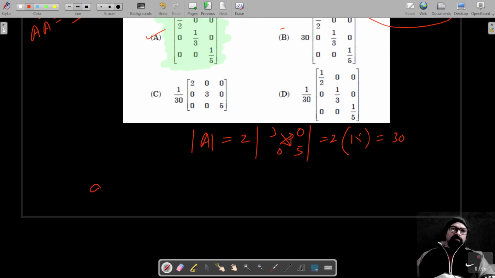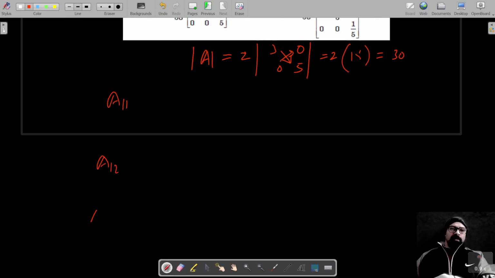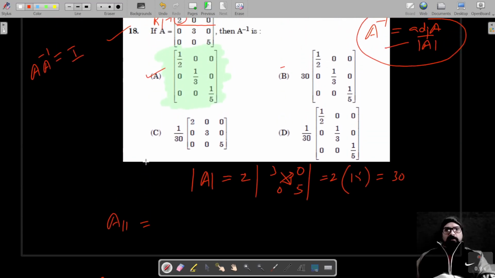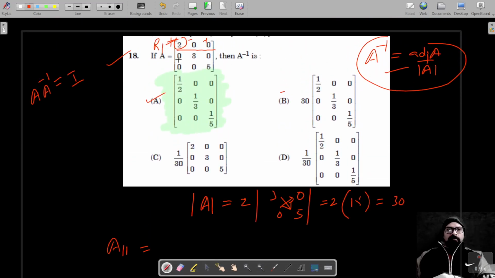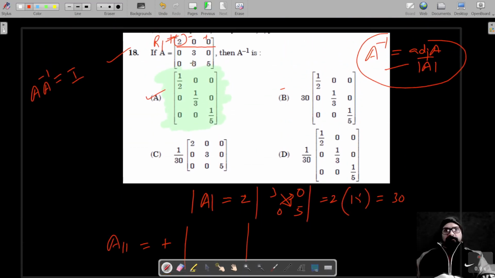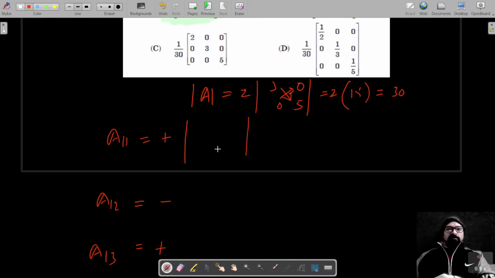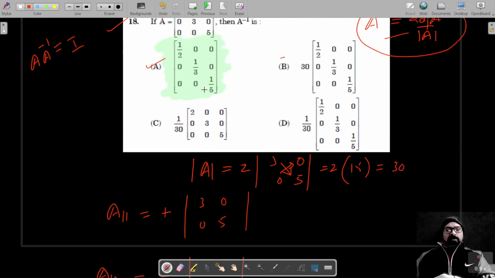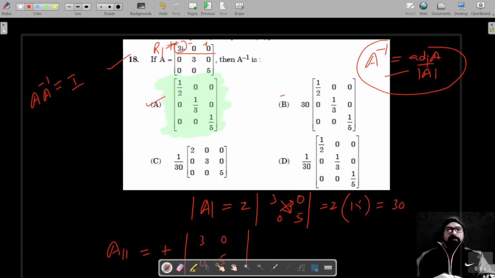Now let's find the adjoint of A. To find it, let's find the cofactors A11, A12, A13. The signs are positive, negative, positive. Removing the row and the column for the first element, we are left with 3005. For the second element in the first row, it's 0005.